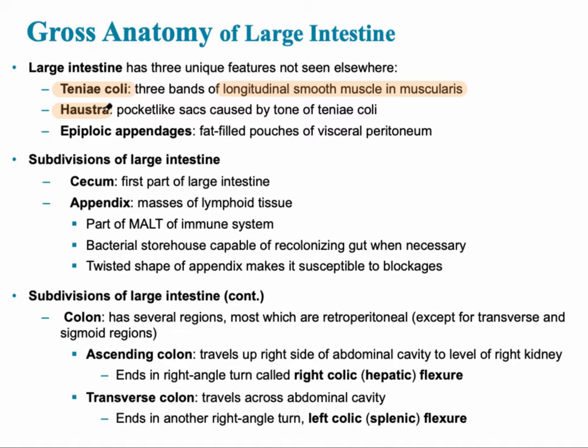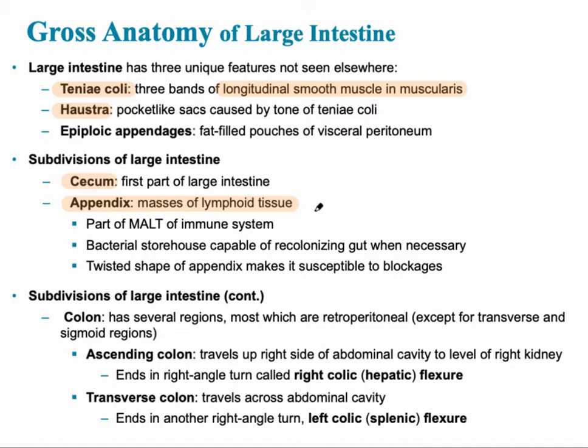So the subdivisions of the large intestine, the first one is called the cecum. The ileocecal valve is what separates the ileum from the cecum. And the next part is the appendix, which is a mass of lymphoid tissue. It's also called the vermiform appendix.